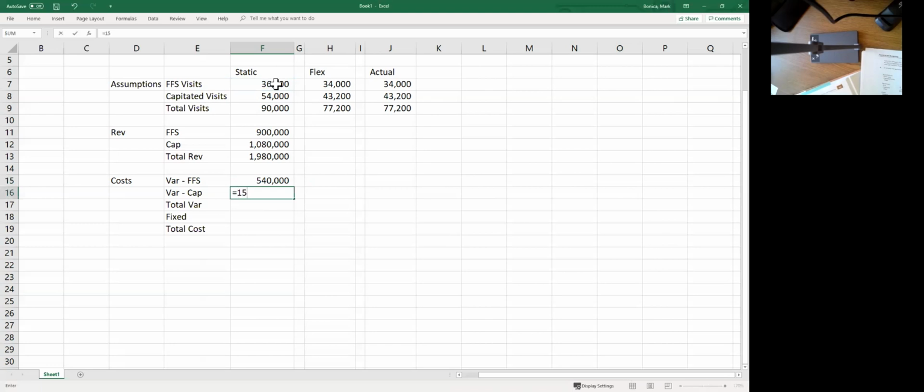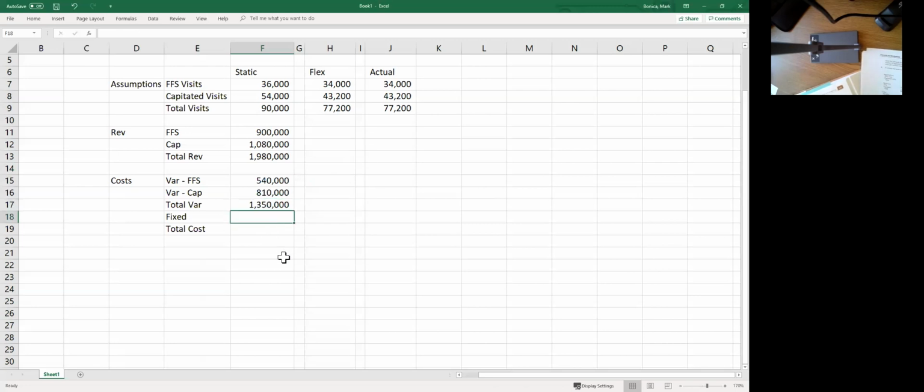Then same, just because you're a capitated patient doesn't mean it costs any more or less to treat you. So 15 times 54,000 is 810,000, for a total variable cost of 1.35 million. I just wrote it and I'm saying the wrong thing.